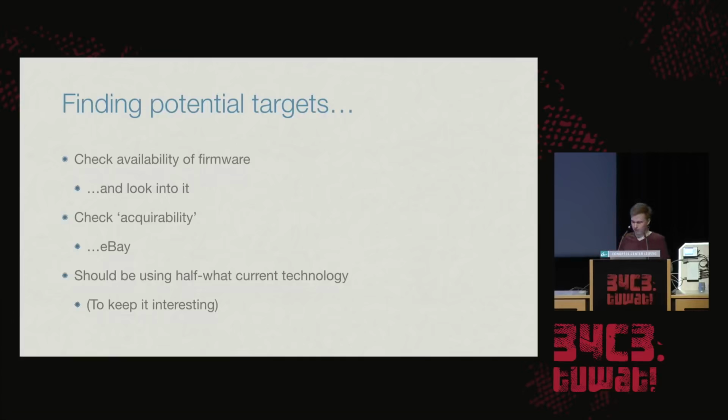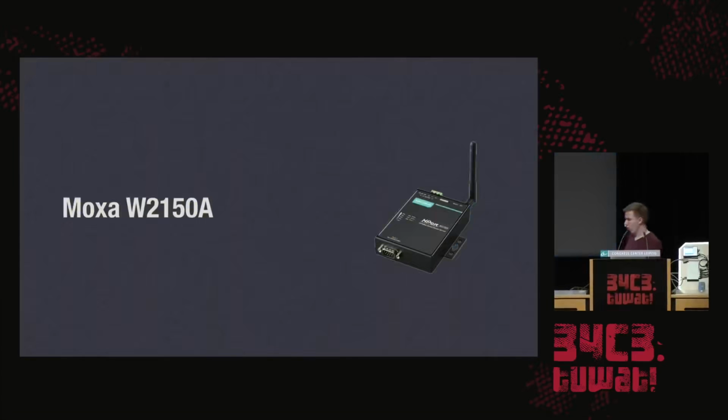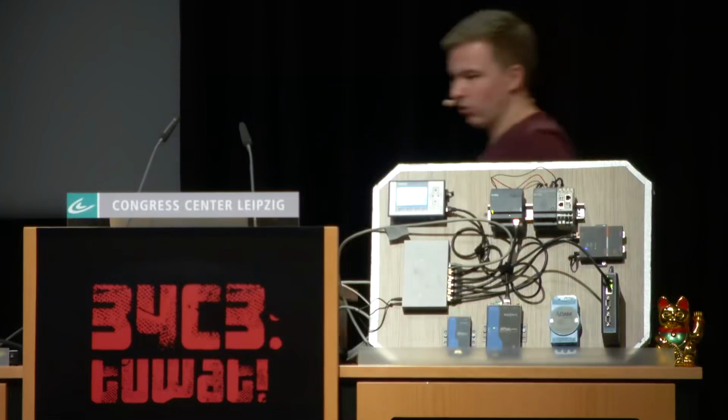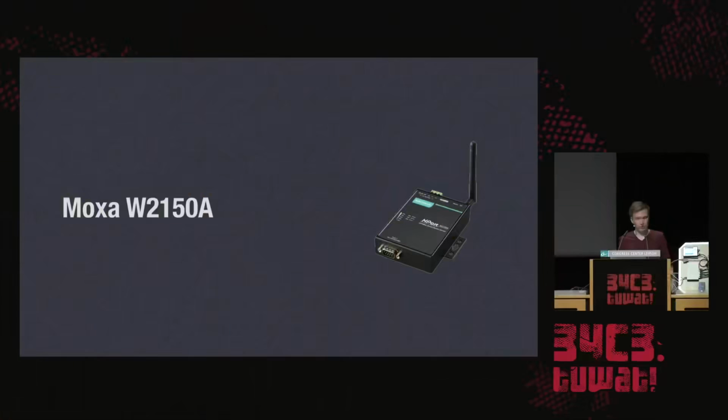So, the first device that I chose to really look at was the Moxa W2150A, which is this small device, which is also mounted on the board right here. Mainly because I found the firmware was available and it looked like an interesting device because it has Wi-Fi, so if I manage to break into it, I can potentially jump an air gap.